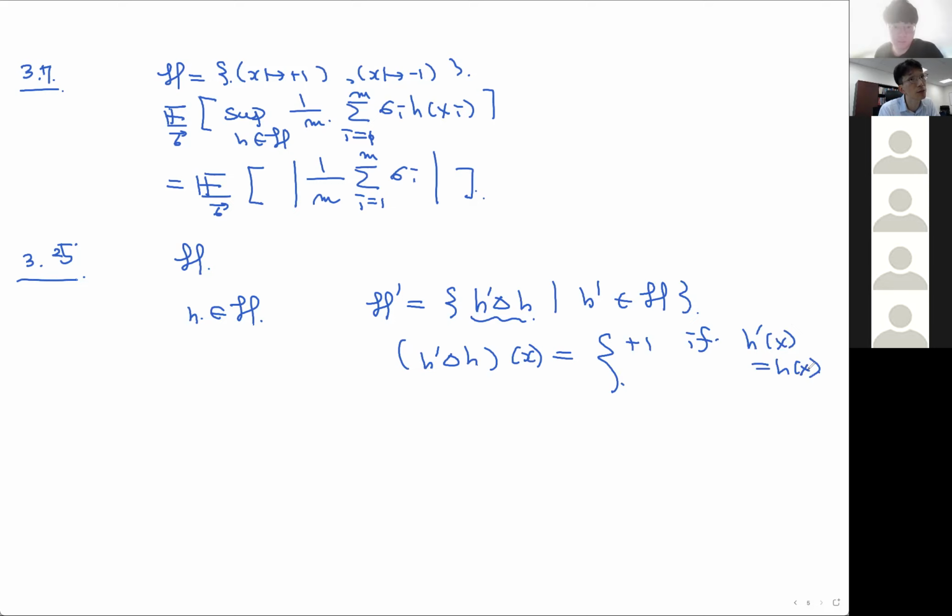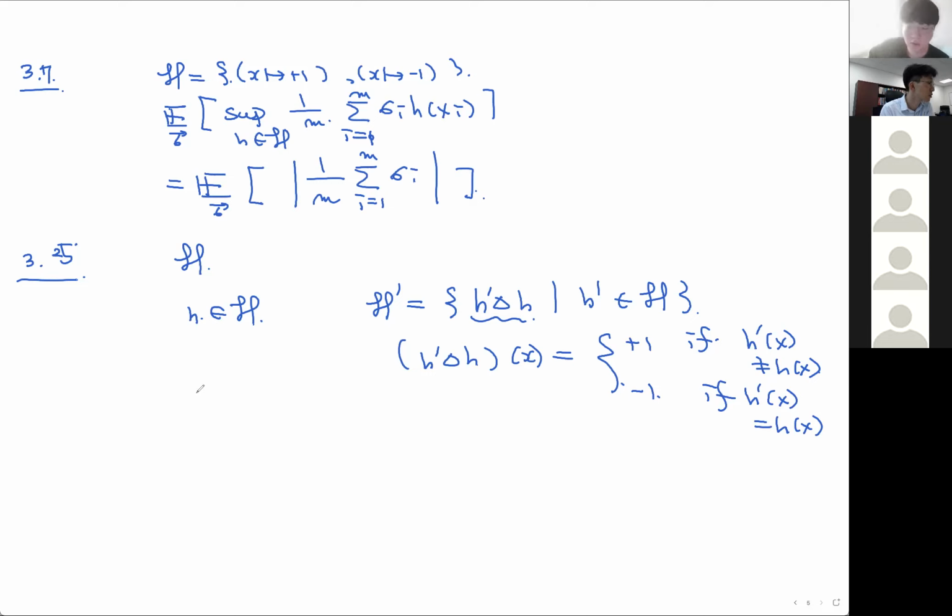So this is really coming from symmetric difference or exclusive OR. If they are the same, it is going to be -1. So that's the new hypothesis set.